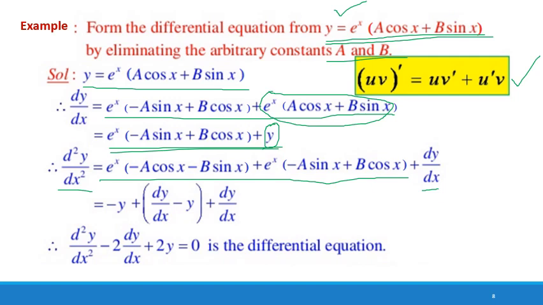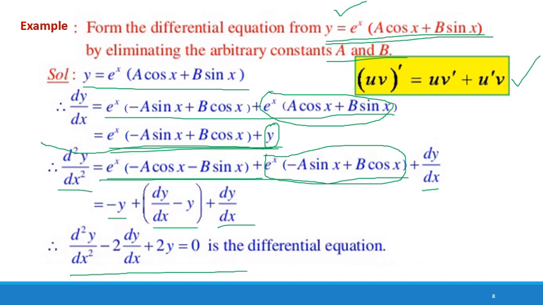So this part, when we factor out minus from this part, is equivalent to minus y. This term is equal to dy by dx minus y from this equation, and this part would be written as dy by dx as it is. So when you simplify this, your required differential equation would be this.